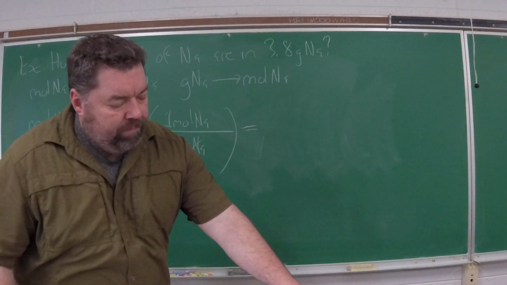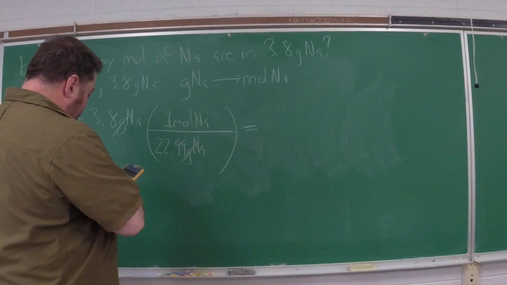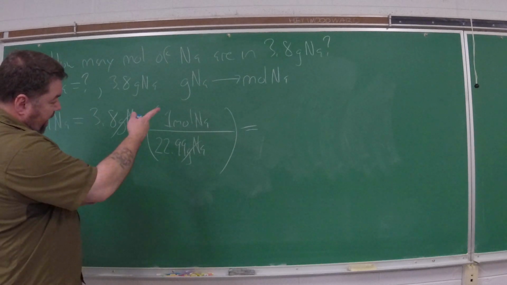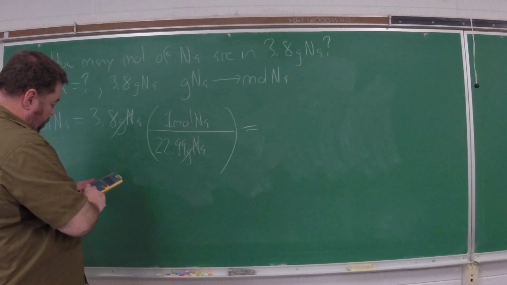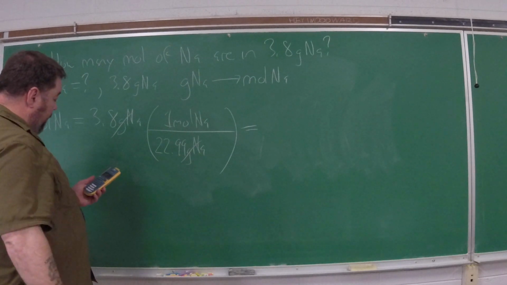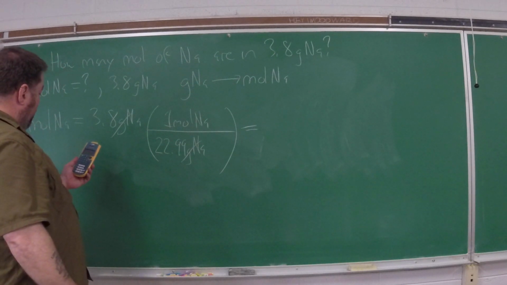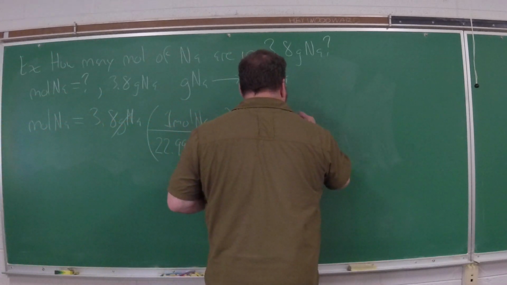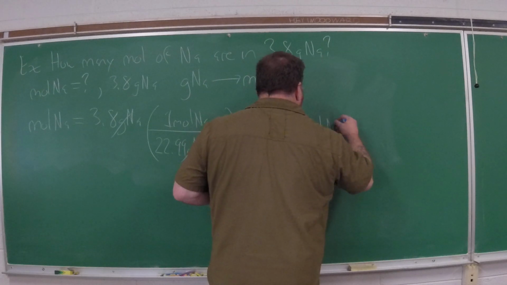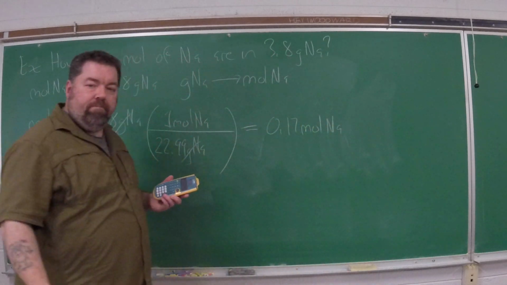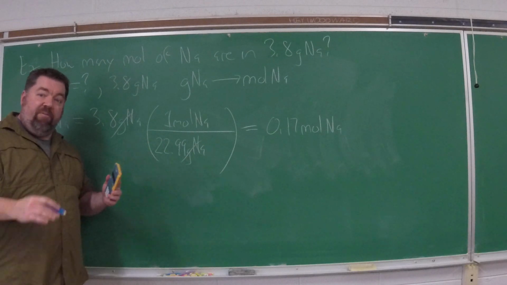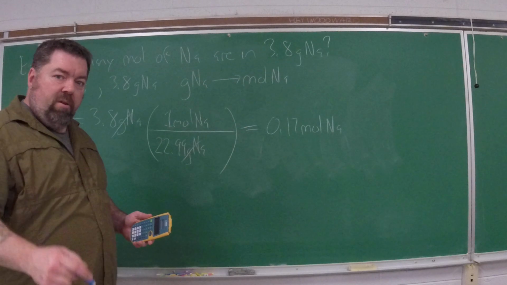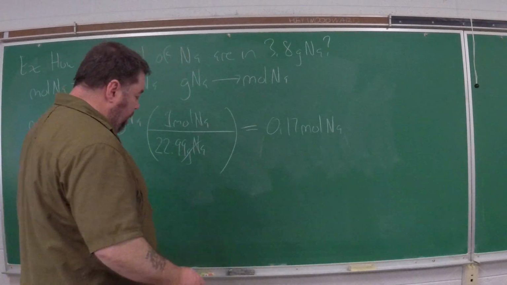Do your math. 3.8 times 1 divided by 22.99, enter. And I am getting 0.165. I only have 2 sig figs. So I'm getting 0.17 moles of sodium. Okay, hopefully this is semi-familiar, again, because we did this before we left. But let's take a look at another problem, another example.